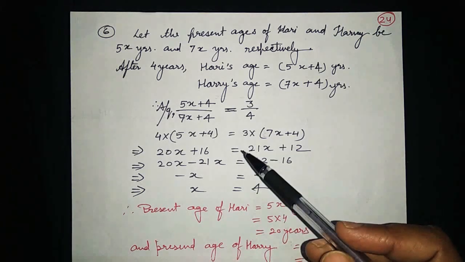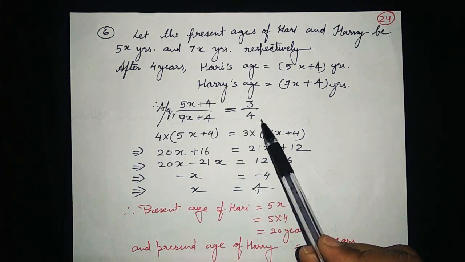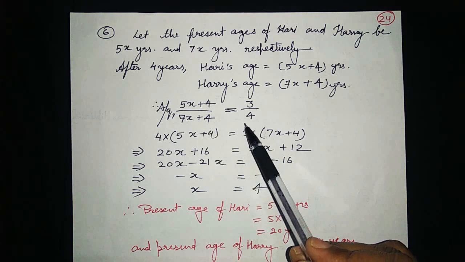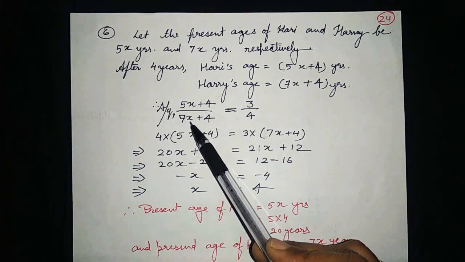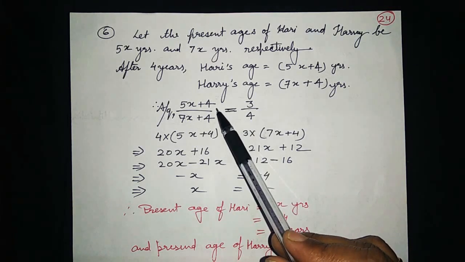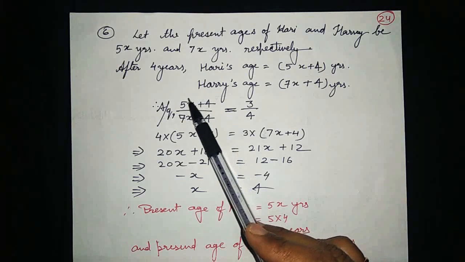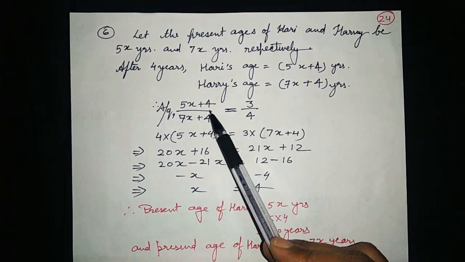Just now, I have explained how to solve this type of equation by cross multiplication. The same method we will use here to calculate the value of x. By cross multiplication, 4 into (5x plus 4), 3 into (7x plus 4).